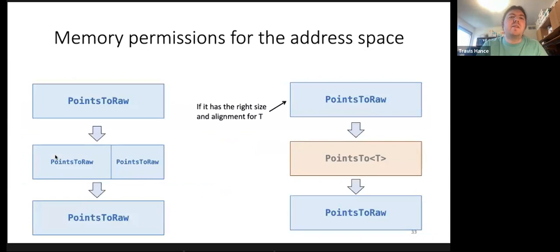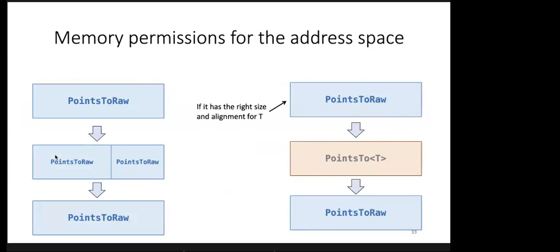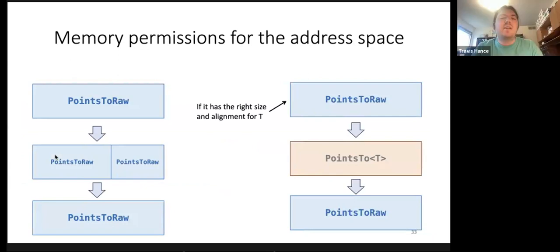You're referring to where I said that to convert to a points-to, you have to have the right alignment, right? Yeah, you need the right alignment. This is a requirement of Rust, which assumes that types have the right alignment and size. In order for this whole system to be sound, we have to have this as a requirement.